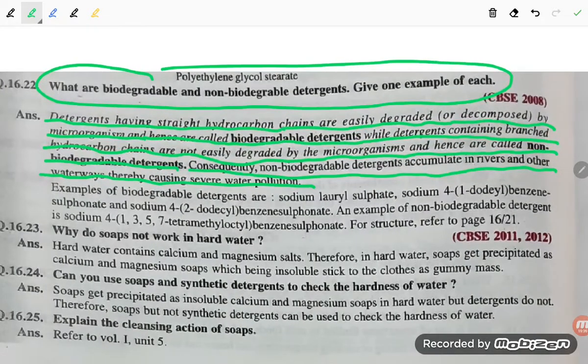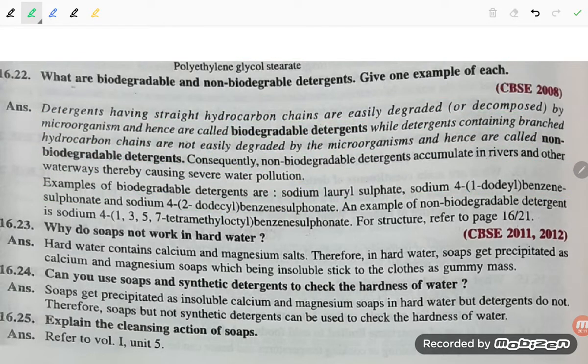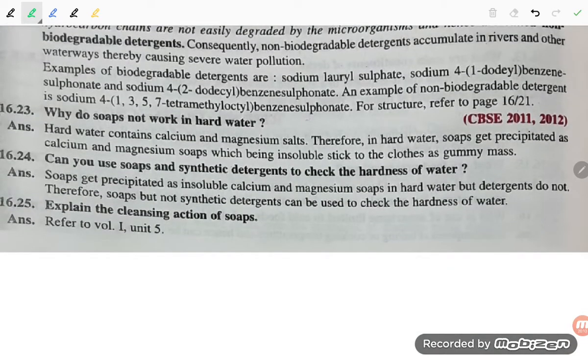Examples of biodegradable detergents are sodium lauryl sulfate, sodium 4-(1-dodecyl) benzene sulfonate, and sodium 4-(2-dodecyl) benzene sulfonate. An example of non-biodegradable detergent is sodium 4-(1,3,5,7-tetramethyloctyl) benzene sulfonate. So these are examples of biodegradable and non-biodegradable detergents.